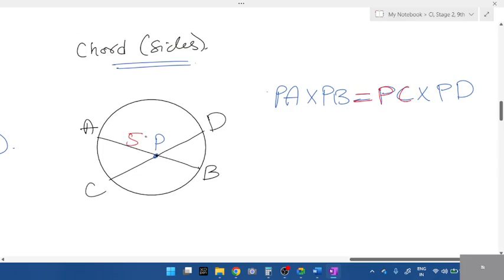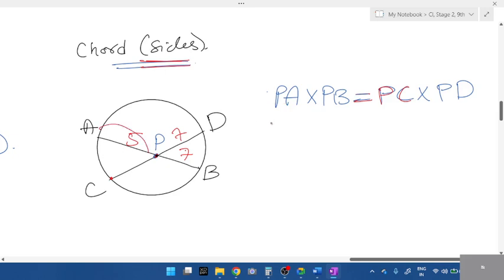So if I write 5, 7 and 6, which value is missing, students? CP is missing, right? They'll ask you to find the side. That's the reason I mentioned this. This formula is used to find sides. So use this formula. Look here.